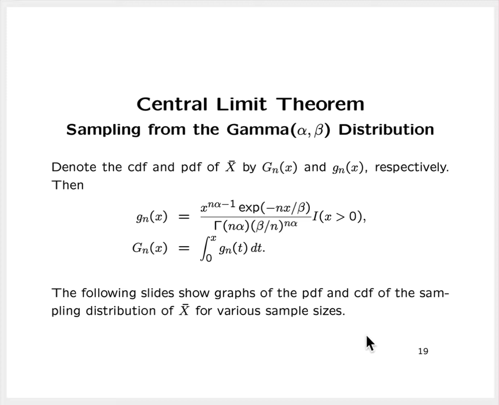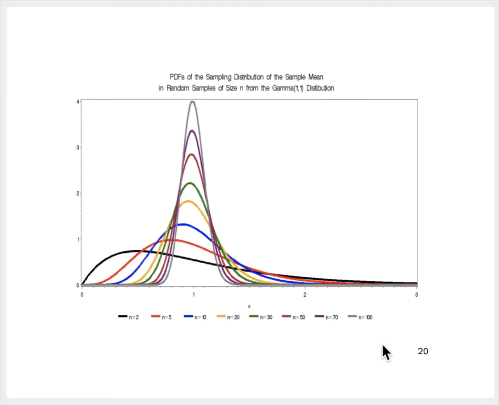All we have to do is supply the arguments, and tell it at what point or points we want to evaluate those functions. And so I've created plots of the PDF and CDF of the sampling distribution of x bar for various sample sizes, and I've included them all on one slide so that we can compare them.